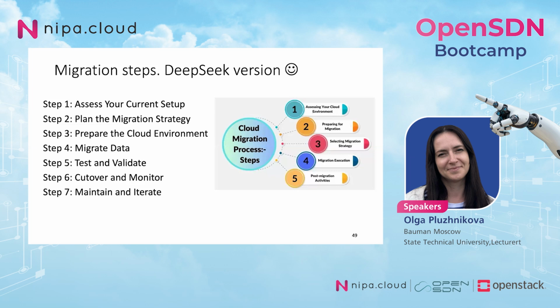Go live, redirect traffic to the cloud database, do post-migration checks, set up cloud monitoring, optimize costs, and so on. And step 7, maintain and iterate: backups, updates, scale, and validation, and other.